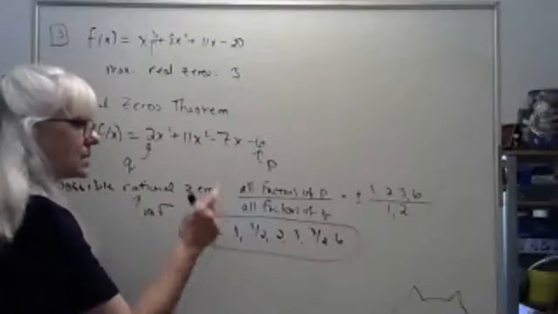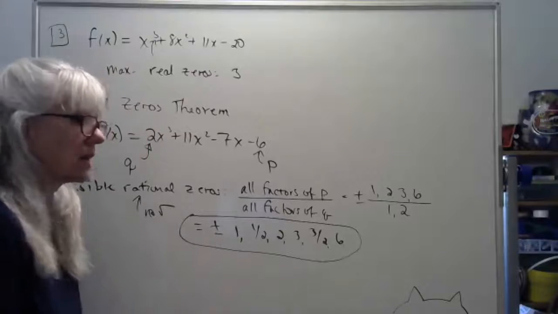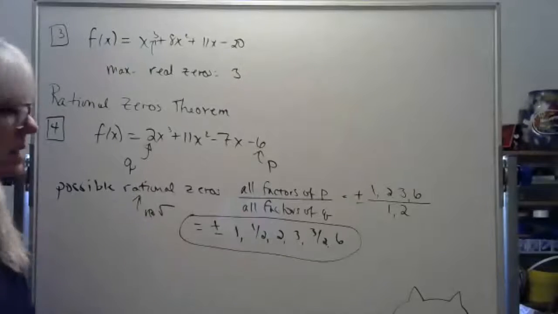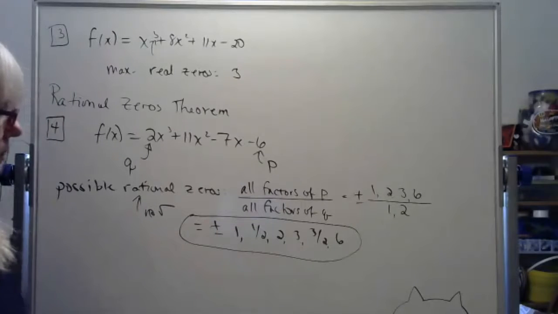So the only possible factors that are rational numbers, and again, that's anything that does not include a radical, and we're leaving off all the i's today, are in that list. You're saying I still don't get where we're headed. That's okay. Give me a few minutes. We are going to get there pretty quickly.